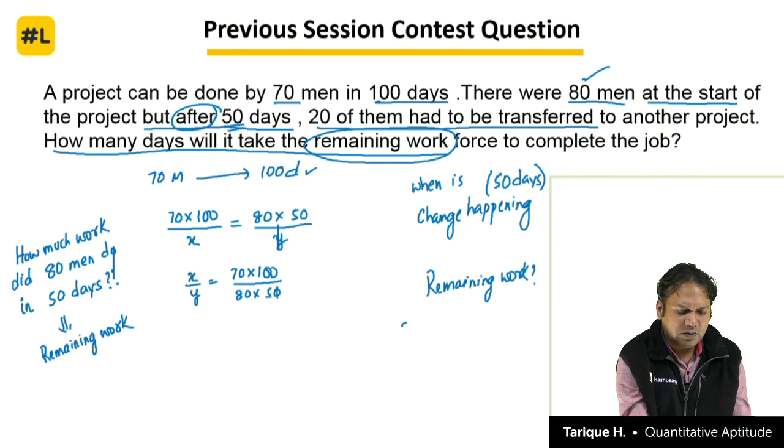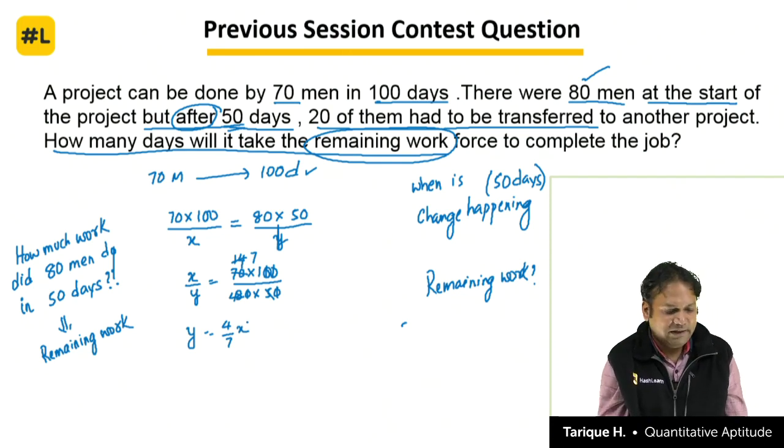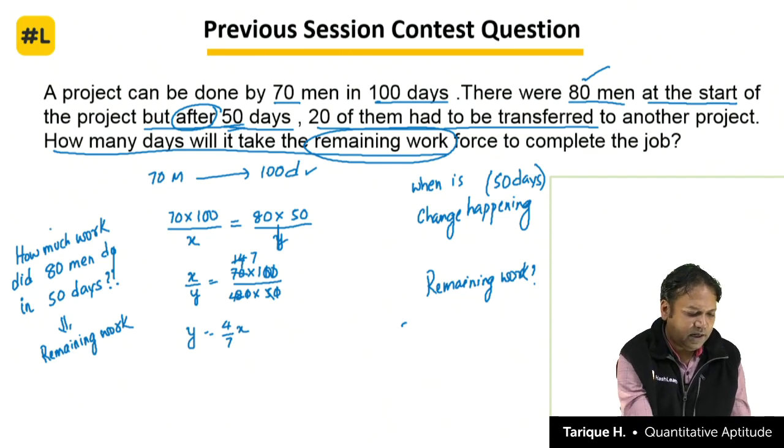So we will say, okay, 0 0 gets cancelled, 5 will cancel 70 14 times, 2 into 7, 2 into 4. So Y is equal to 4 by 7x. 4 by 7x. So how much work was done?